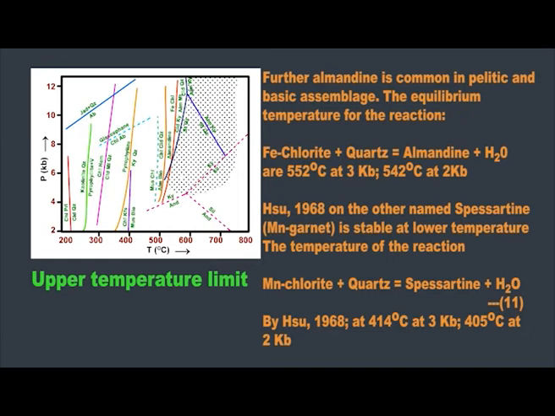Su in 1968, on the other hand, named spessartine, Mn garnet, as stable at lower temperature. The temperature of the reaction Mn chlorite plus quartz gives rise to spessartine plus water, by Su 1968, is 414 degrees centigrade at 3 kilobar, 405 degrees centigrade at 2 kilobar.